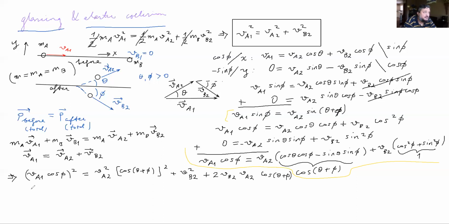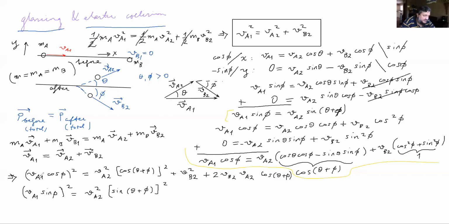Let's switch to black color. There we go. So over there I will have, from the first equation, VA1 sine phi squared, and that will be equal to VA2 squared times sine theta plus phi squared.